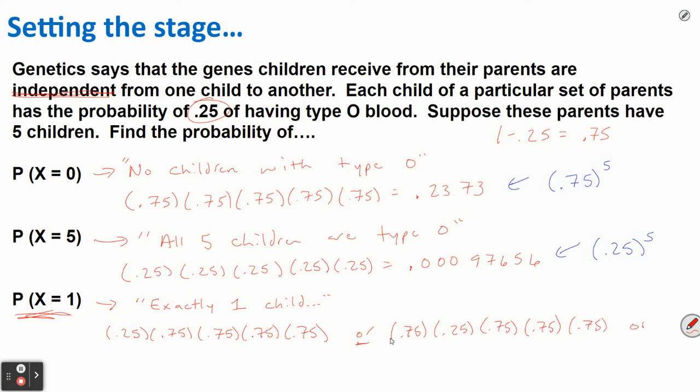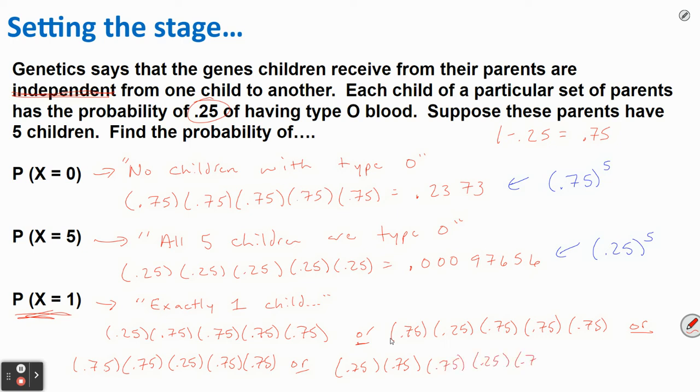Or, big emphasis on or, think mutually exclusive and addition rules. We could have no, no, yes for the third child, no, no. Or, and again, notice how long this is getting, 0.75, 0.75, 0.75, we get to the fourth child that has it.